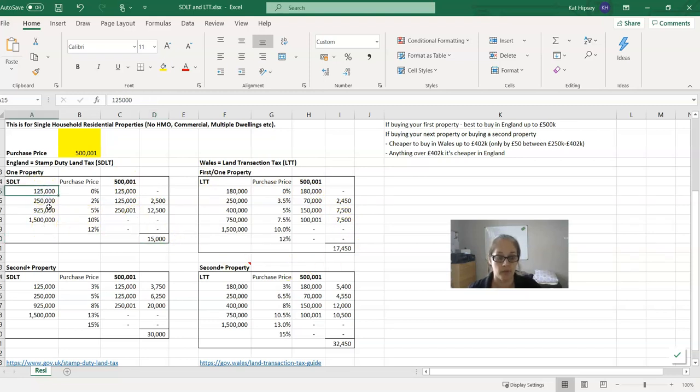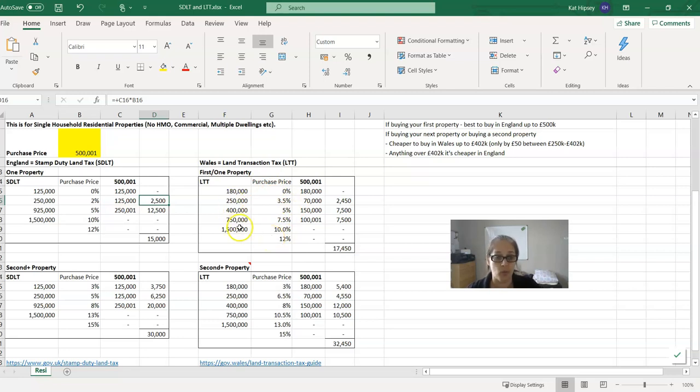Up to 125,000, it's 0%, and over and above the 125, up to 250, it's 2%. So here I've got 0% for the first 125, and the 125 between these two at 2%, which works out at 2,500, and so forth. These are the bands in England for one property, and these are the bands in Wales. As you can see, they're quite different.